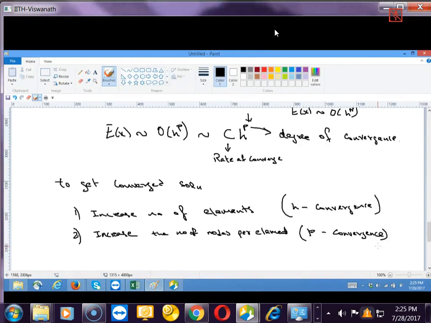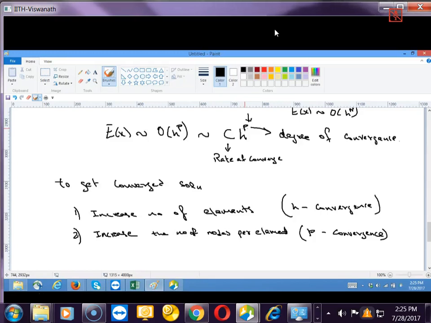The size of the element remains same, but the order of the polynomial keeps on increasing. So if you look back here, see h to the power of p, h is kept constant, but p you keep on increasing. Since h is small, you will make your error diminish as quickly as possible. So these two are the ways people generally try to attain the convergence.